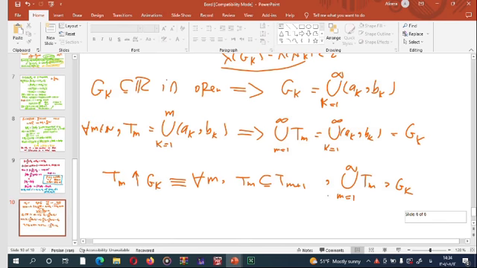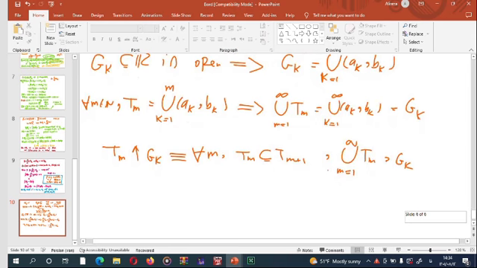So if we consider m arbitrarily large, the difference between these two sets is arbitrarily small, because we see that the limit of this equals 0.